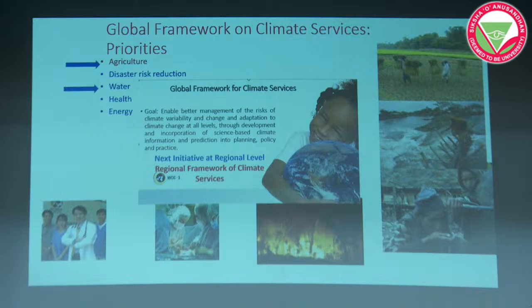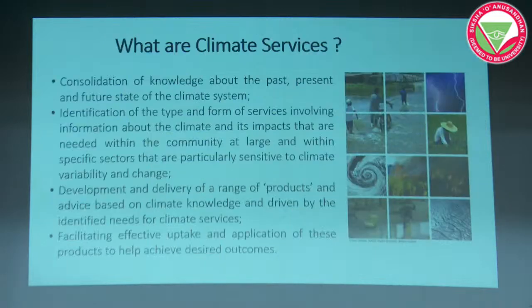But this is a very Herculean task. Now a new concept is emerging, called the Regional Framework for Climate Services, so that it can be managed in a region at high resolution. This GFCS climate service has taken care of whatever has been mentioned since morning.